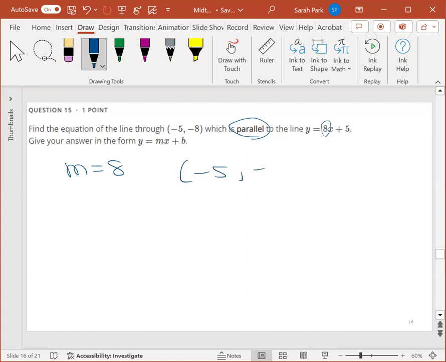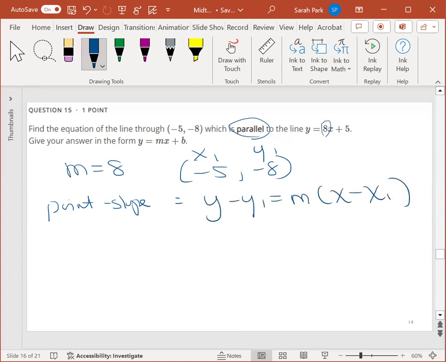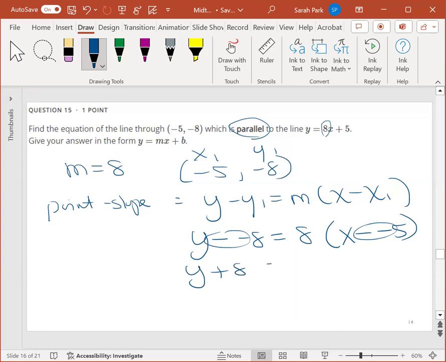Then I'm going to use (-5, -8) as my x1, y1, and use the point-slope form of the equation, which is y minus y1 equals m times (x minus x1). That'll help us get the y equals mx plus b form. So we have y minus -8 equals 8 times (x minus -5). Negative minus negative is positive, so we have y plus 8 equals 8 times (x plus 5).